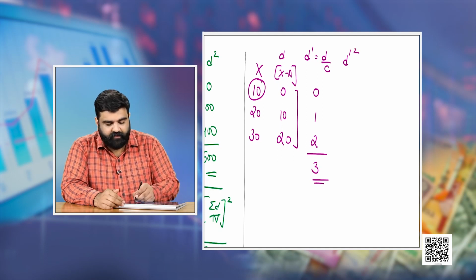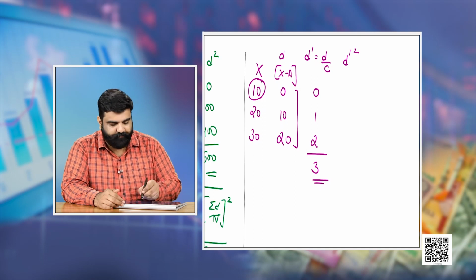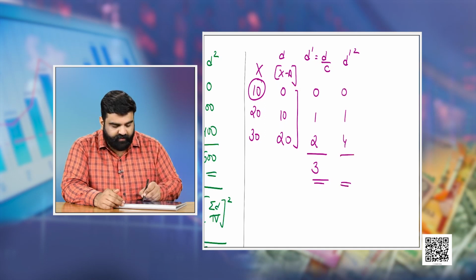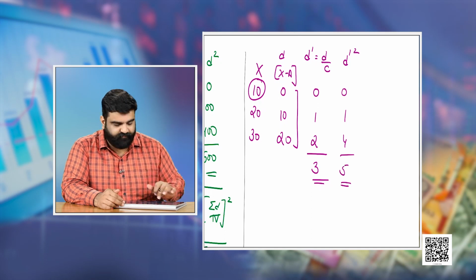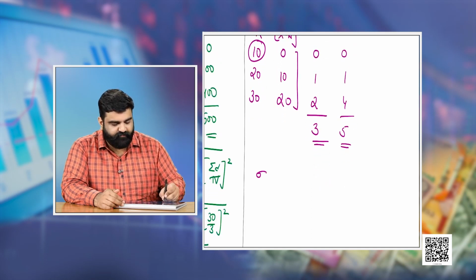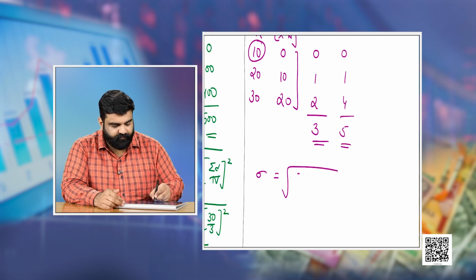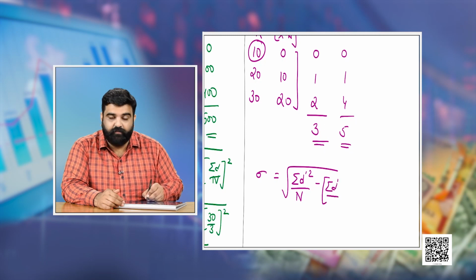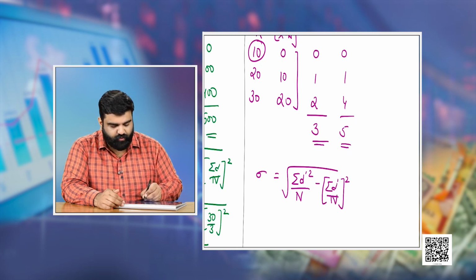Now, let us calculate d dash the whole square. So, we have 0, we have 1 and we have 4. The total to this will be 5. Now, let us apply the formula. The formula is sigma d dash square by n minus sigma d dash by n the whole square and multiplied by c.